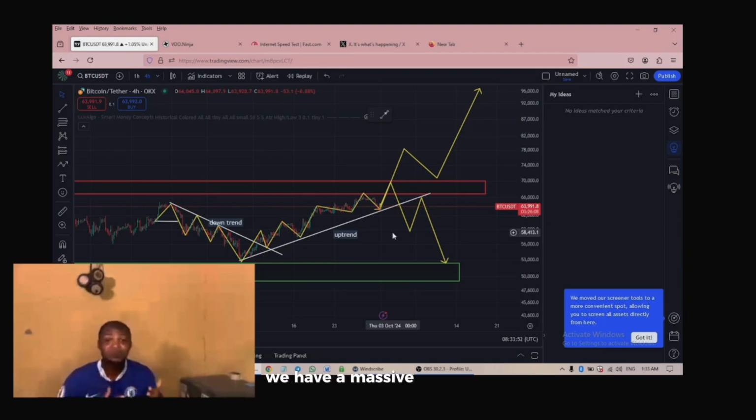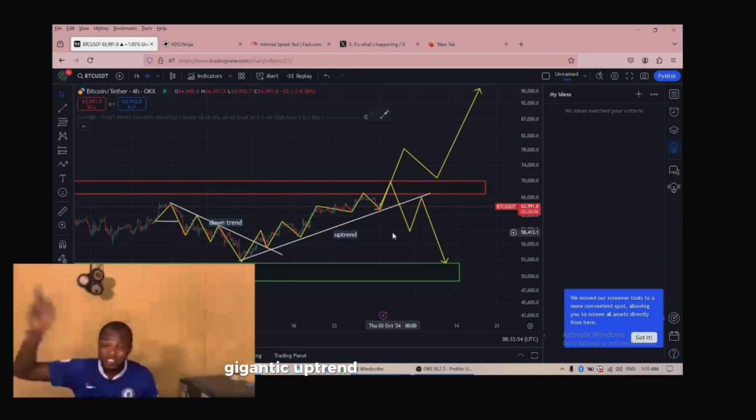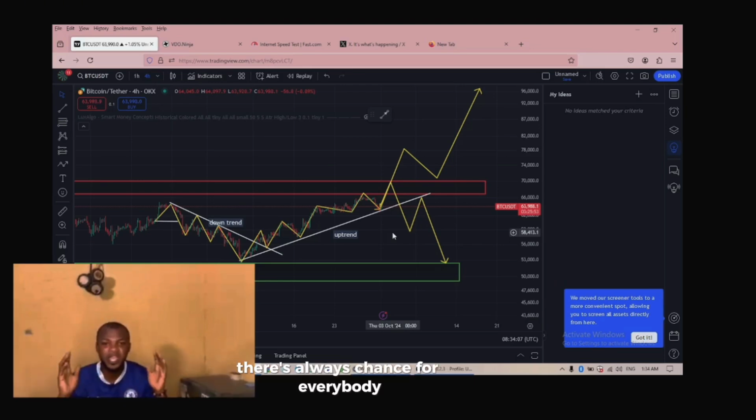We have a massive gigantic uptrend, gold candles for the bull run, and for every bull run expect a bear run too. Bear will always come, bull will always come. There's always a chance for everybody.